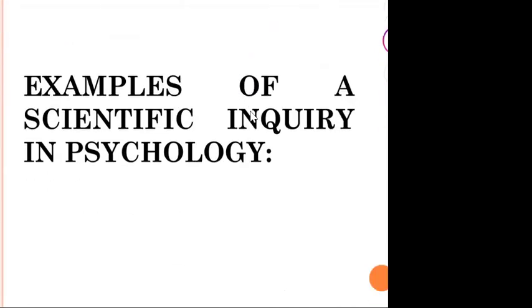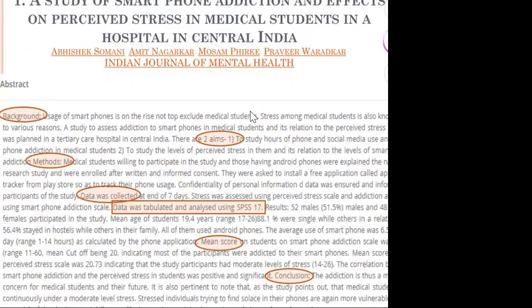Now just to bring you a few examples of scientific inquiry in psychology. This is a study of smartphone addiction and effects on perceived stress in medical students in a hospital in central India. So what did they do? They first stated the problem, based on the background. Usage of smartphones is on the rise, and medical students are not excluded.